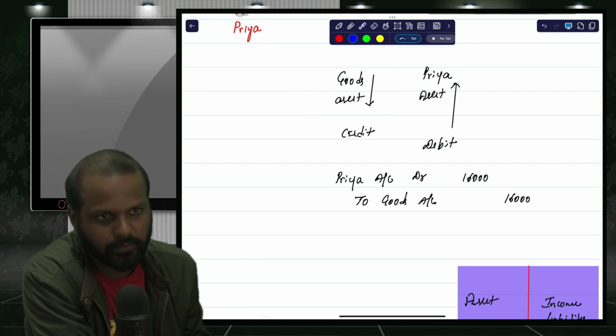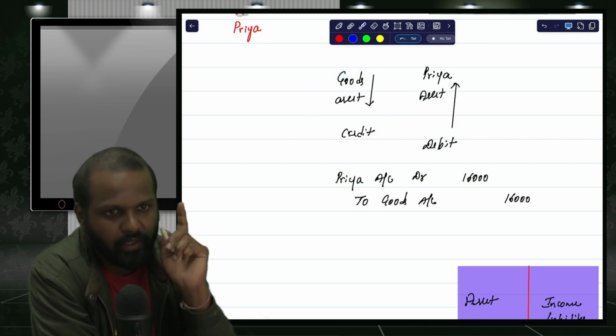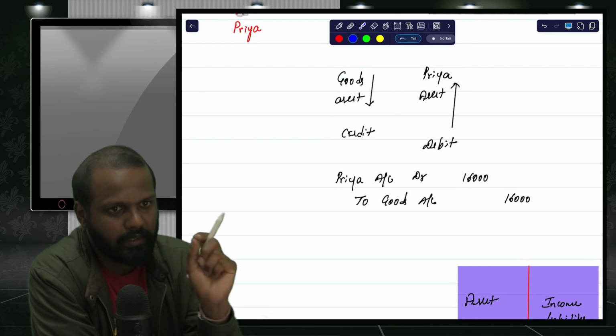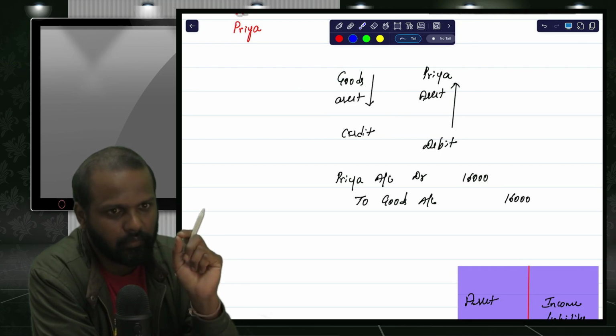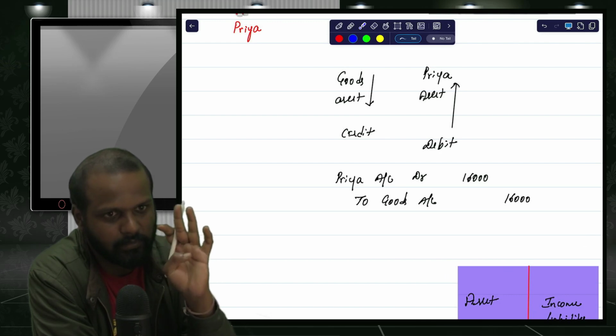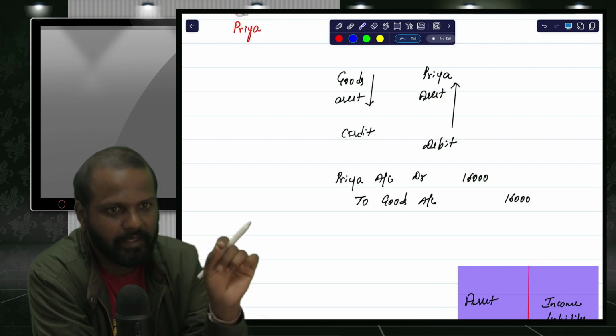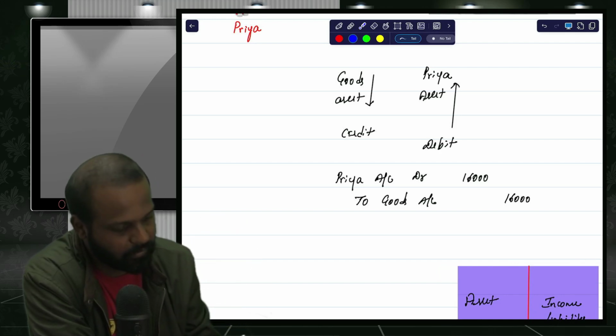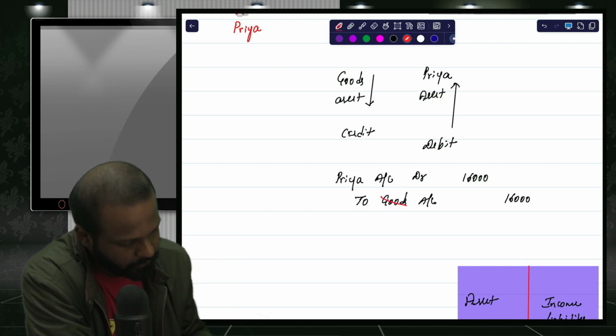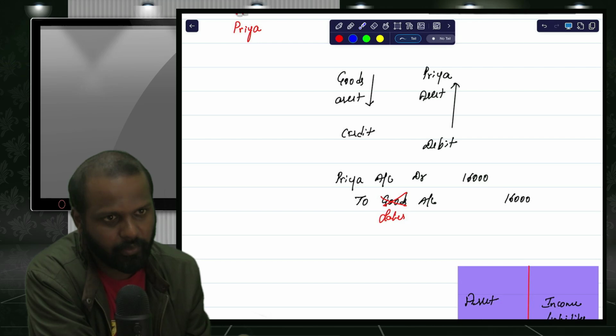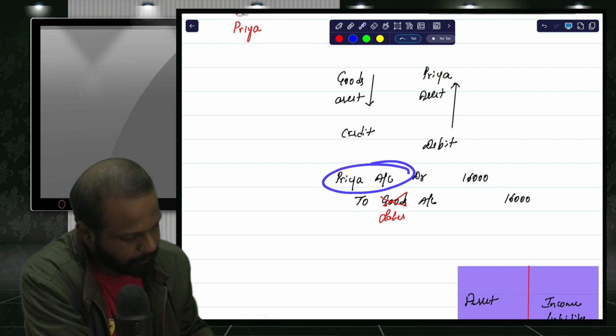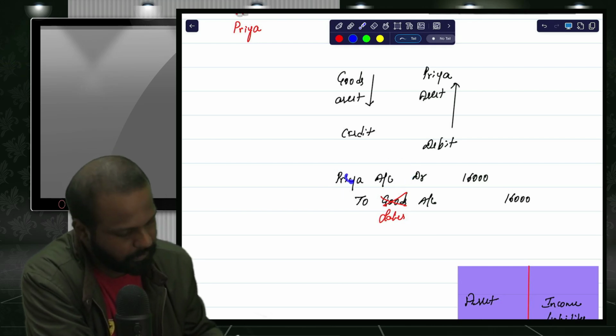But we remember that whenever we do a transaction with respect to goods, we use those four terms, four names. Out of that, the suitable name is sales. Whenever we sell the goods to a customer, we write the name called sales. So instead of goods, we have to write sales. So the correct entry will be Priya account debit to sales account.